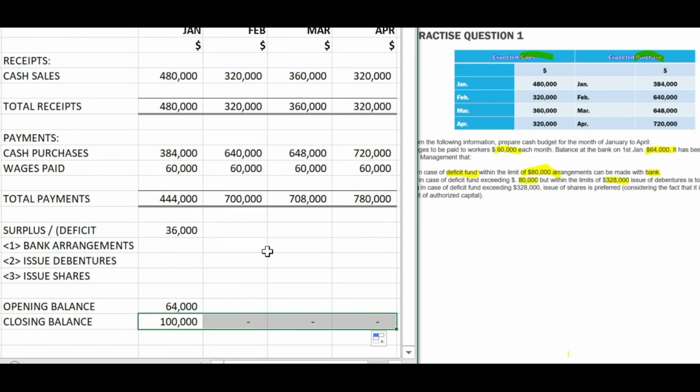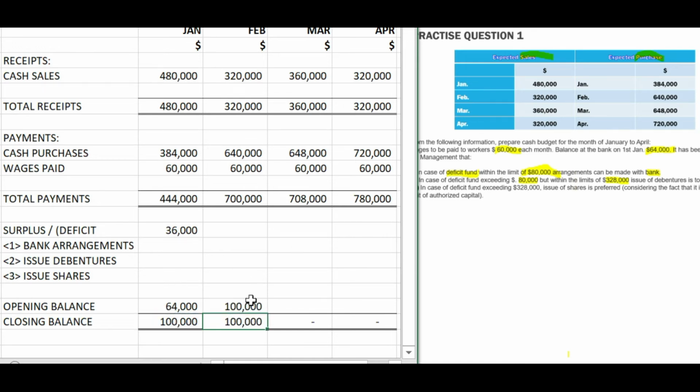Once you get a closing balance of 100,000 here, this will be your next month's opening balance, which is 100,000.